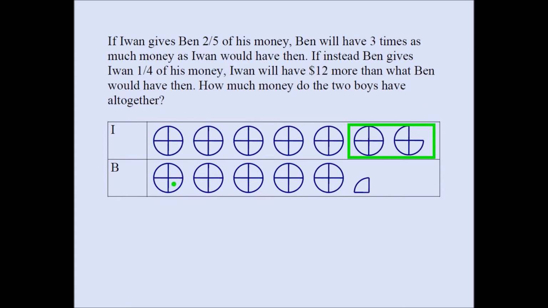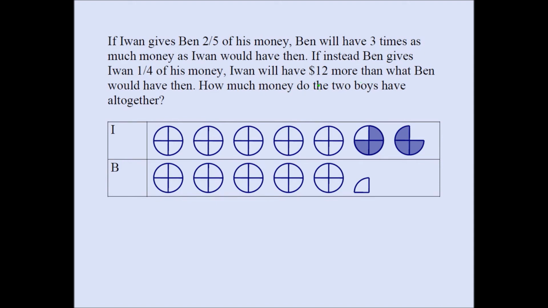And Ben now has 4, 8, 12, 16, 20, 21 quarters. If you carefully count the quarters, after the second transfer, after Ben has given Ivan 1/4 of his money, Ivan has 27 quarters and Ben has 21 quarters. This is a crucial step, and we're going to be very careful about something here.